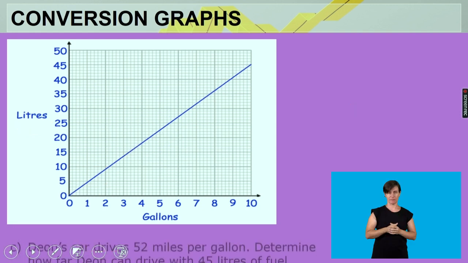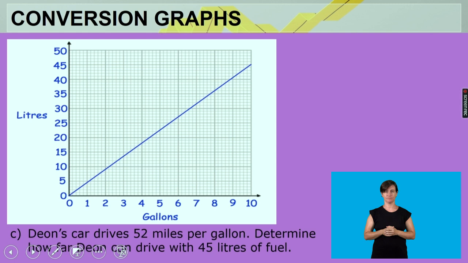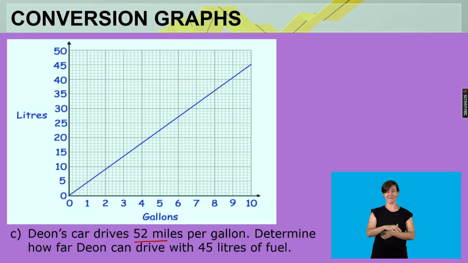Looking at question number C, it says Dion's car drives 52 miles per gallon, meaning with 1 gallon he'll be able to cover 52 miles. Determine how far Dion can drive with 45 liters of fuel. All right, so let's first see. Here I will find my 45 liters to see the equivalent in gallons.